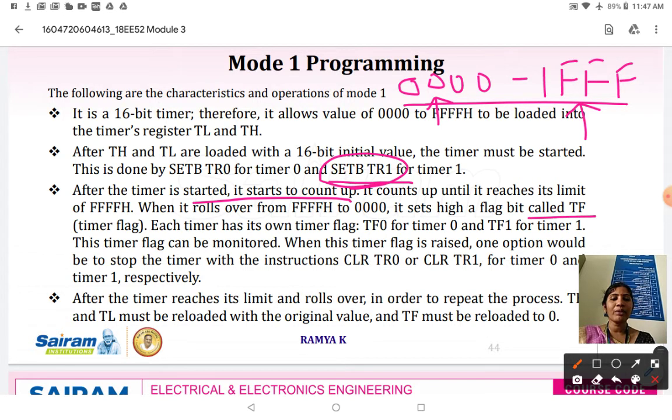Once the timer flag is set, the timer comes out, and we need to clear the timer flag and clear the timer run bit so that it will be ready for your next process.